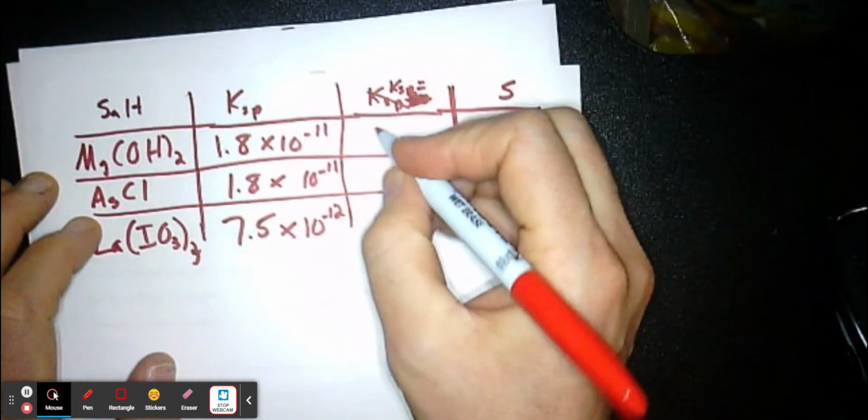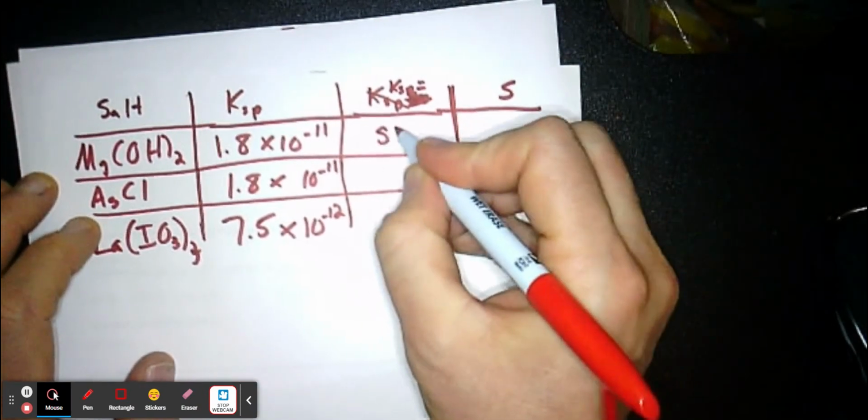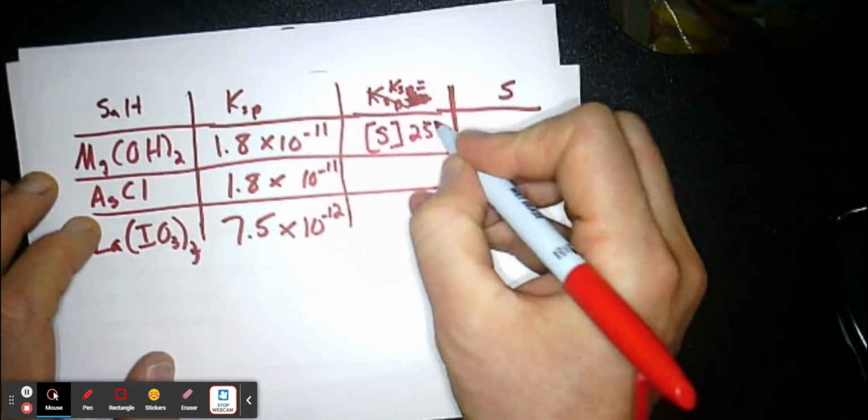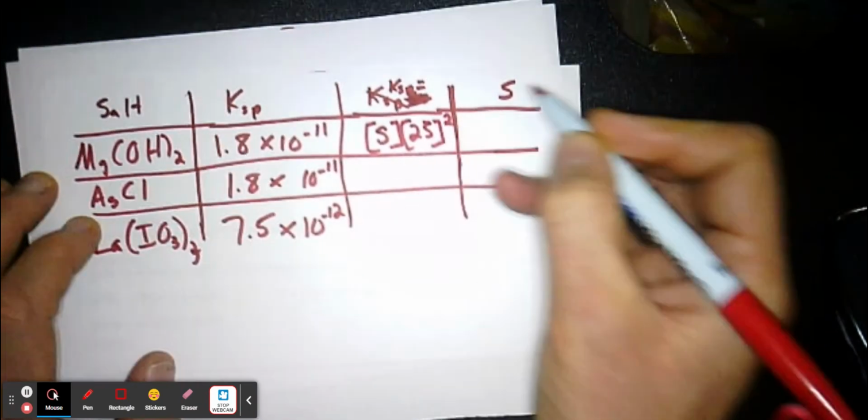All right. So this has got 3 ions. So my Ksp is going to be equal to S times 2S squared.